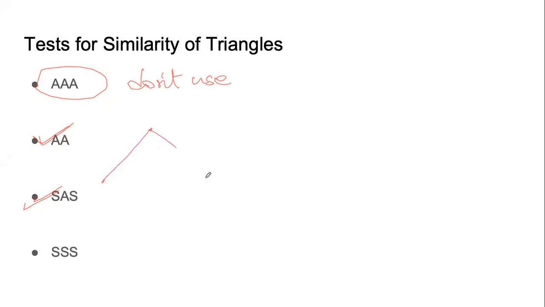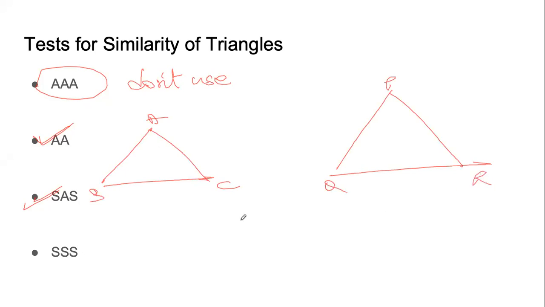For example, if we have triangle ABC, if we have triangle PQR, if we say that angle B is equal to angle Q, at the same time AB is proportional to PQ and BC is proportional to QR, then the triangles are similar.